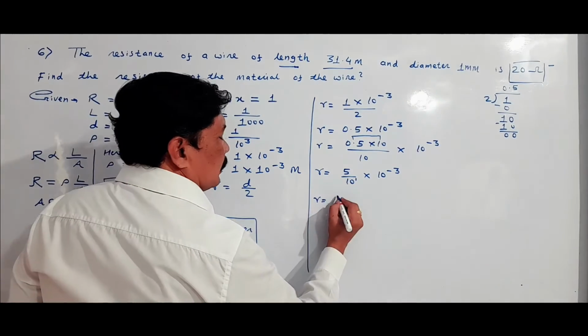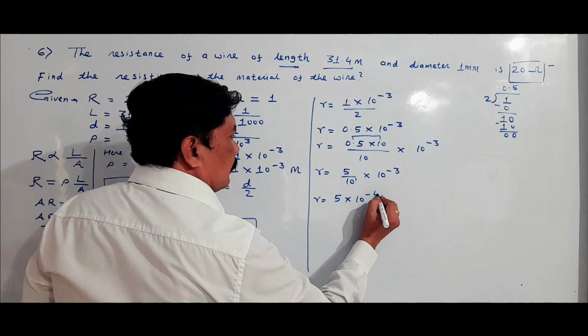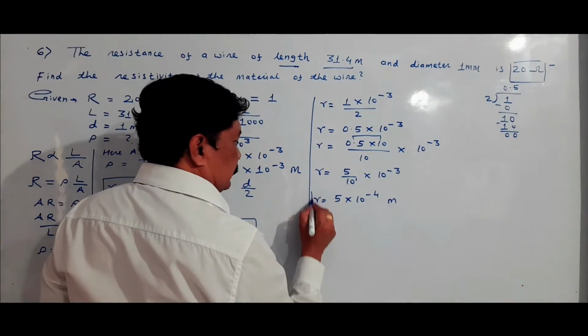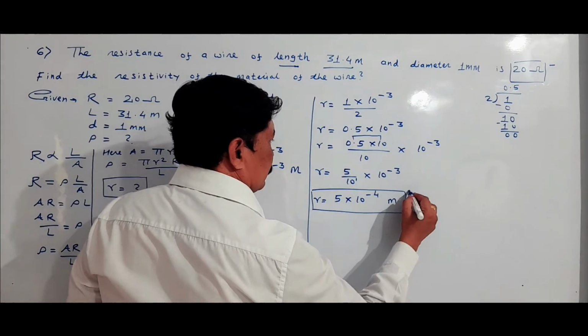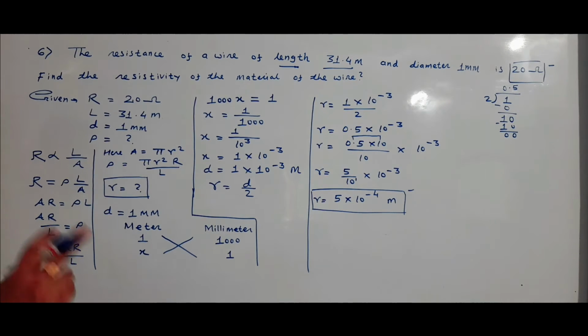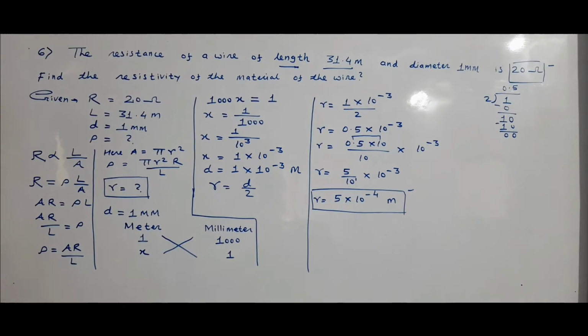So r is equal to 5 into 10 to the power minus 4 meter. So my dear student, we have got the value of r. Now this value we will put in the formula.